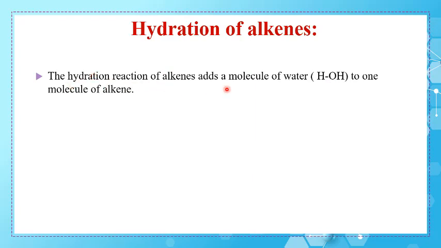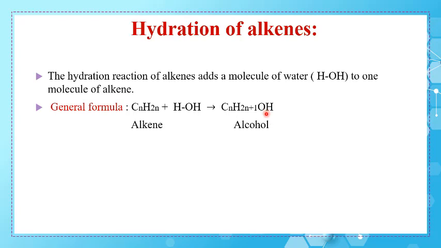The hydration reaction of alkenes adds a molecule of water, HOH, to one molecule of alkene. If we take the general formula, for example, CnH2n plus HOH, we must add H on the hydrogen atoms of the alkene, and the product becomes CnH2n plus 1 OH.